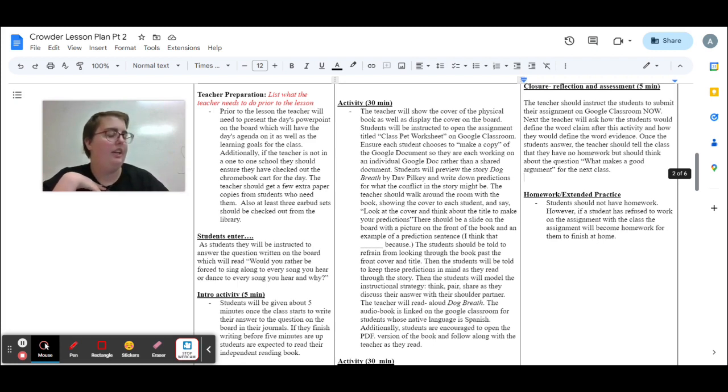And then I also wanted to talk about learning theorists. I chose Bloom's taxonomy, which connects with my lesson, and then David Kolb's experiential learning. We'll start with Bloom.